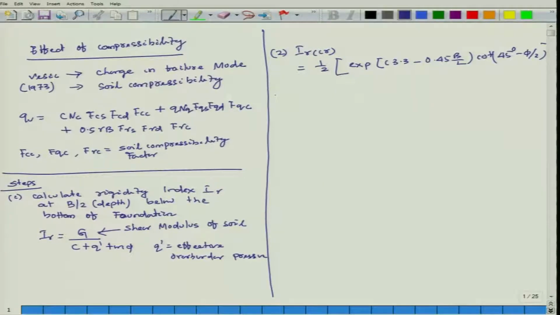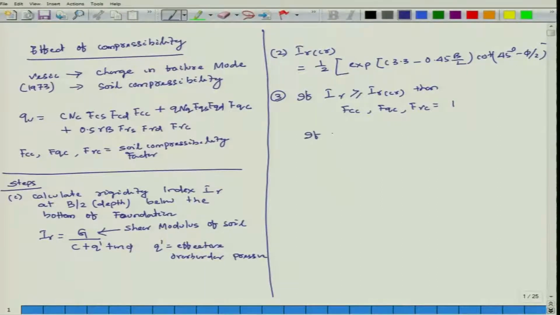So, step 3, they have given a few conditions. If the rigidity index Ir is greater than or equal to the critical rigidity index Ir cr, then Fcc, Fqc, F gamma c are equal to 1.